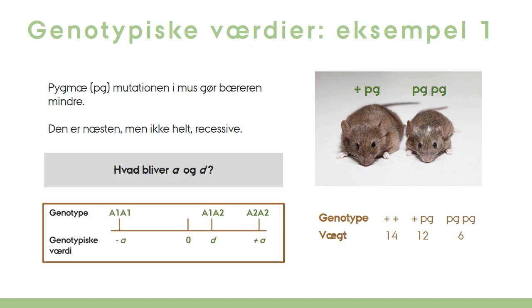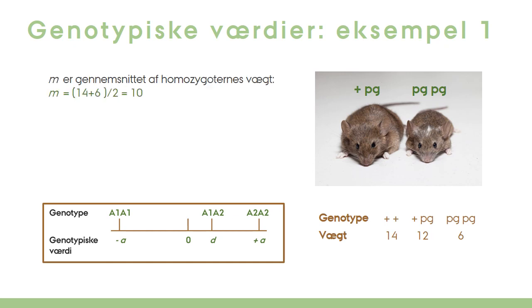And now comes the question. What will be A, the genotypic value, and what will be D, the dominance effect? The first thing we have to do is define that middle point. What is the average of the two homozygotes?